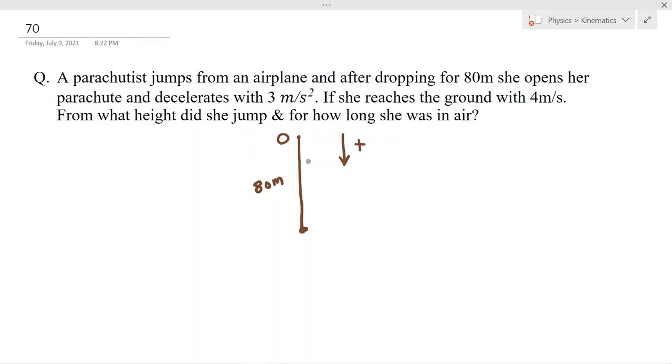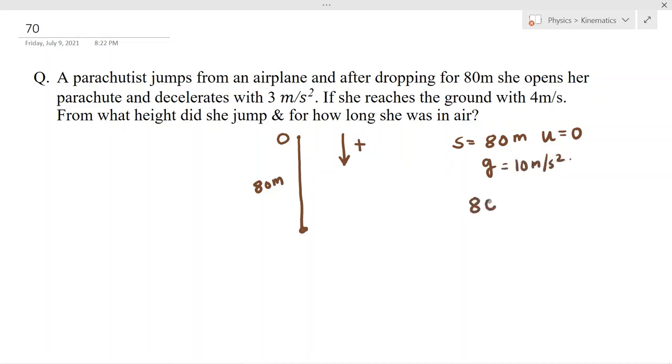Now from here you can calculate the time. You know the displacement, which is 80. S is 80, U is 0 because she just dropped from that aeroplane, and g let's take to be 10 meter per second square.